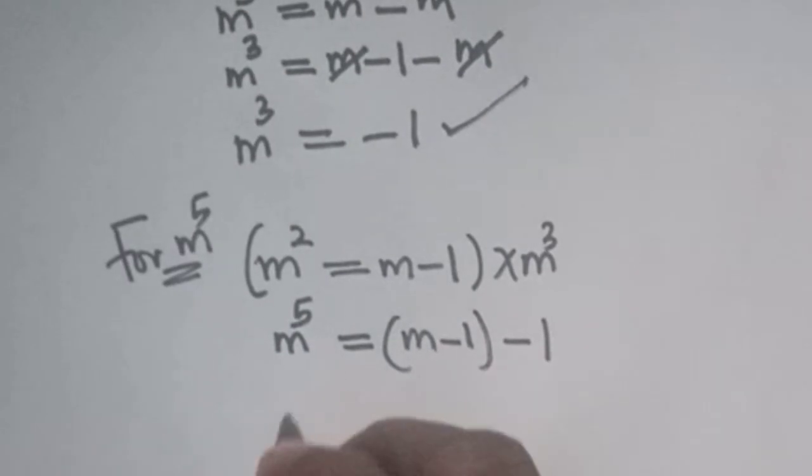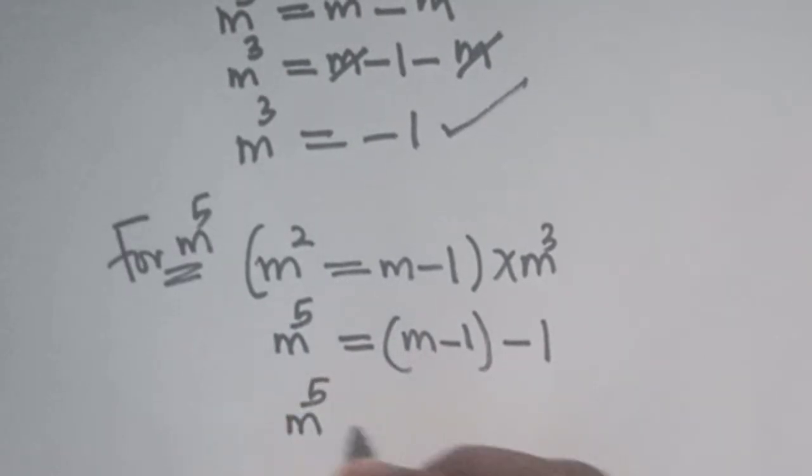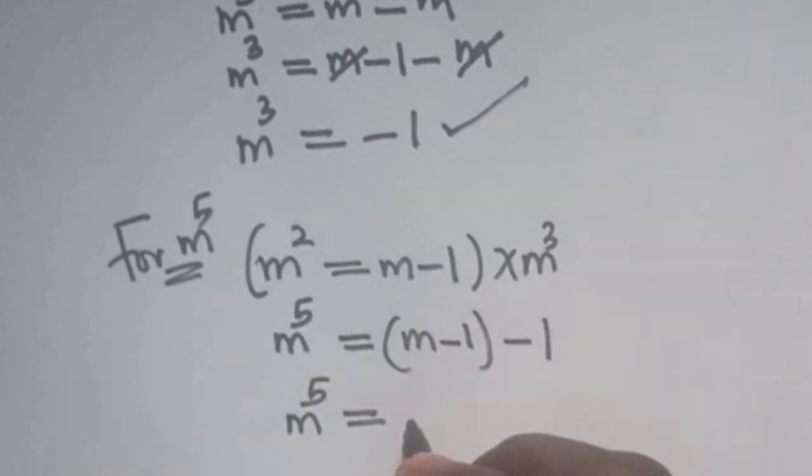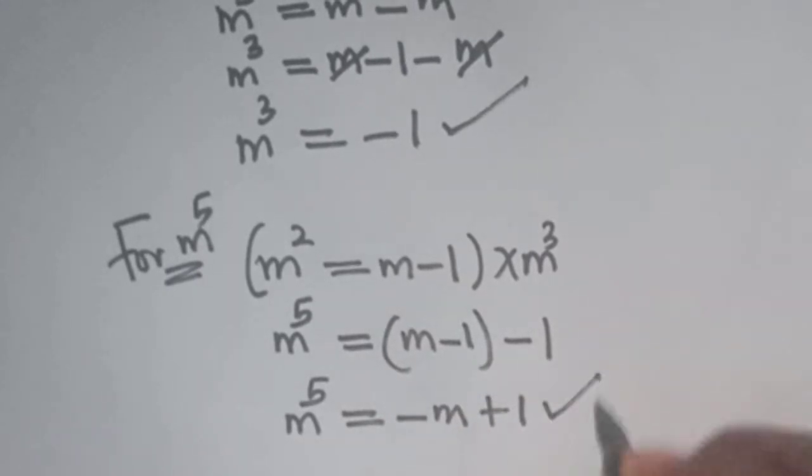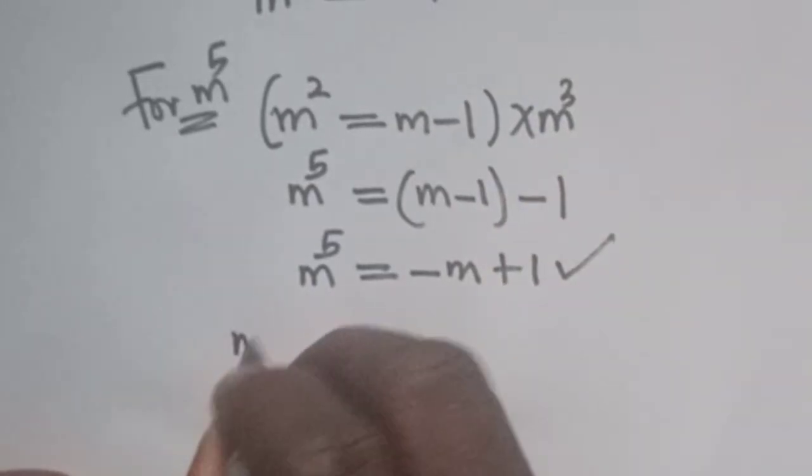If you do this, m to the power of 5 will equal minus m plus 1.